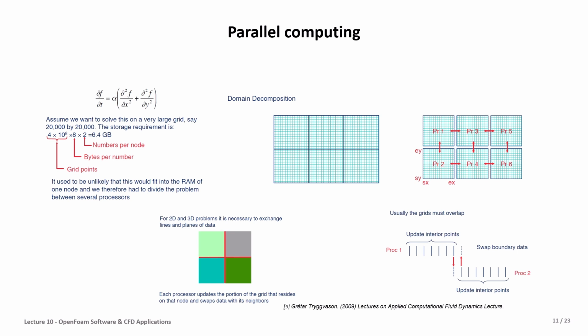During each time step, it's required to update the information from the neighbor subdomain to perform the solution and get the result. And we talked about this matter in the previous lecture, so we can understand how parallel computing works in the OpenFOAM software.